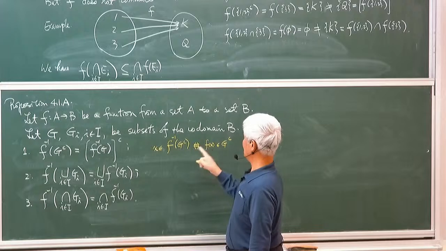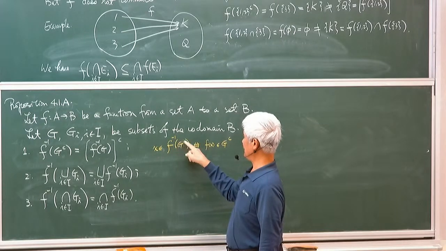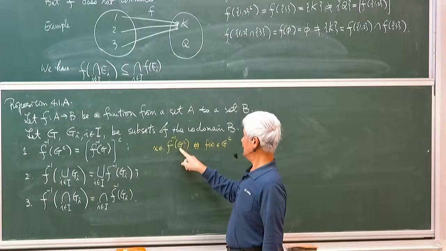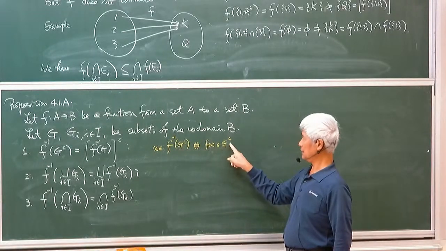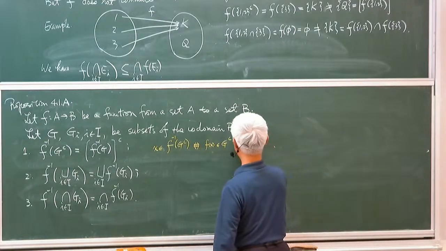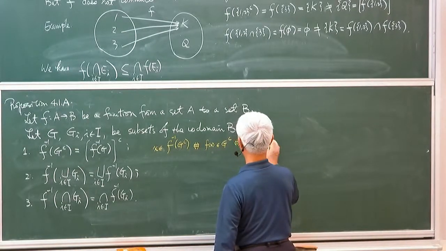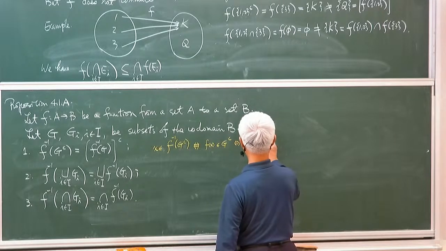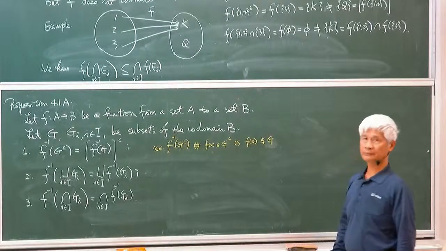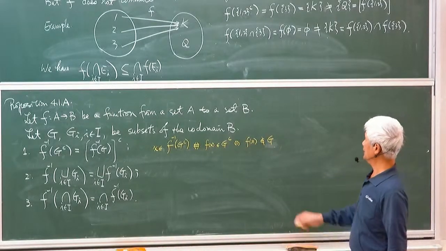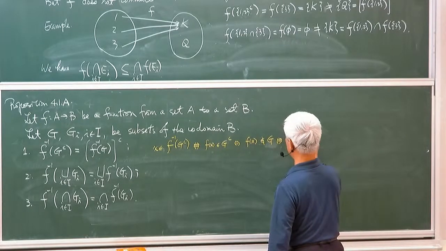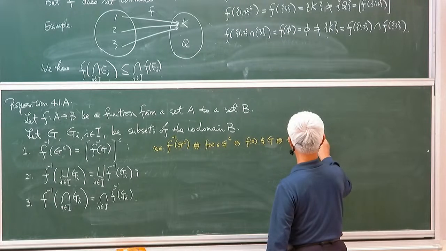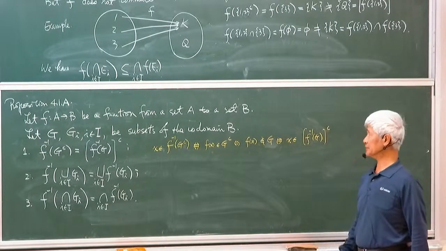If X is in the inverse mapping of the complement of G, then the value of X should be in the complement of G. So that f of X does not belong to G. So if f of X is not contained in G, which means that X is contained in the inverse mapping of the complement.